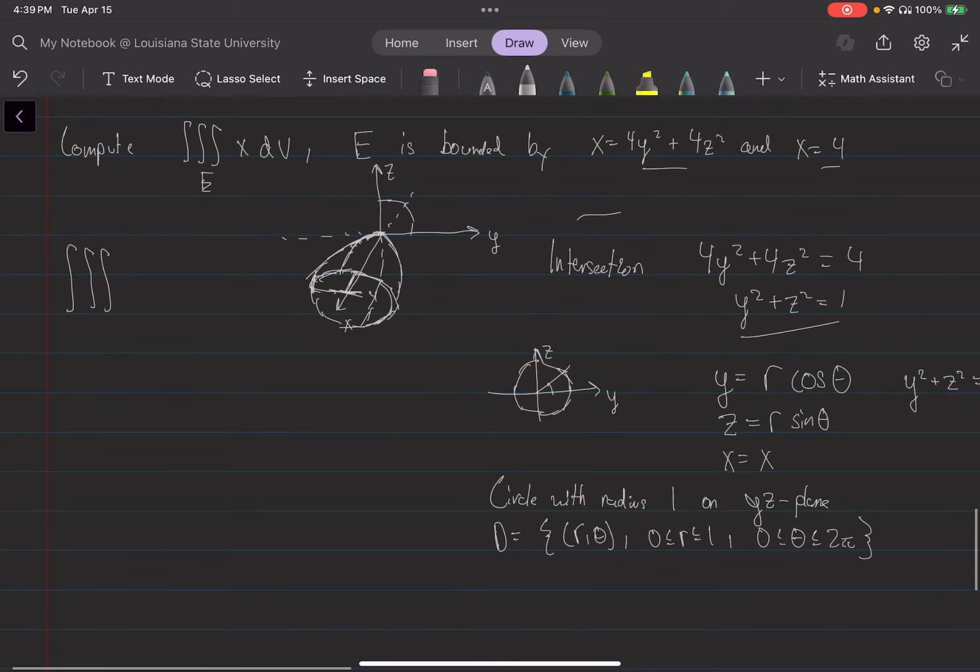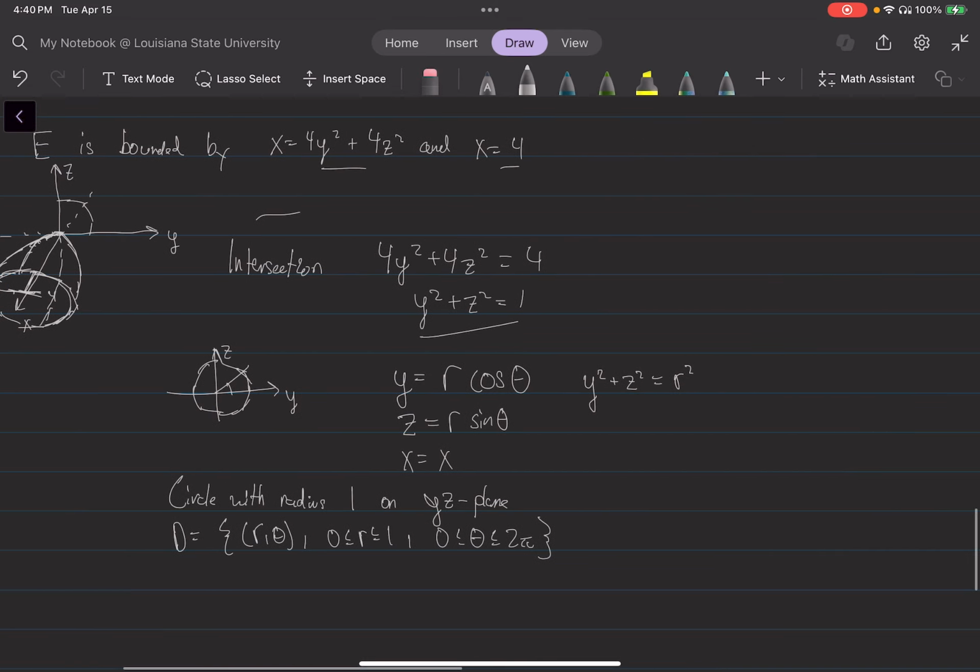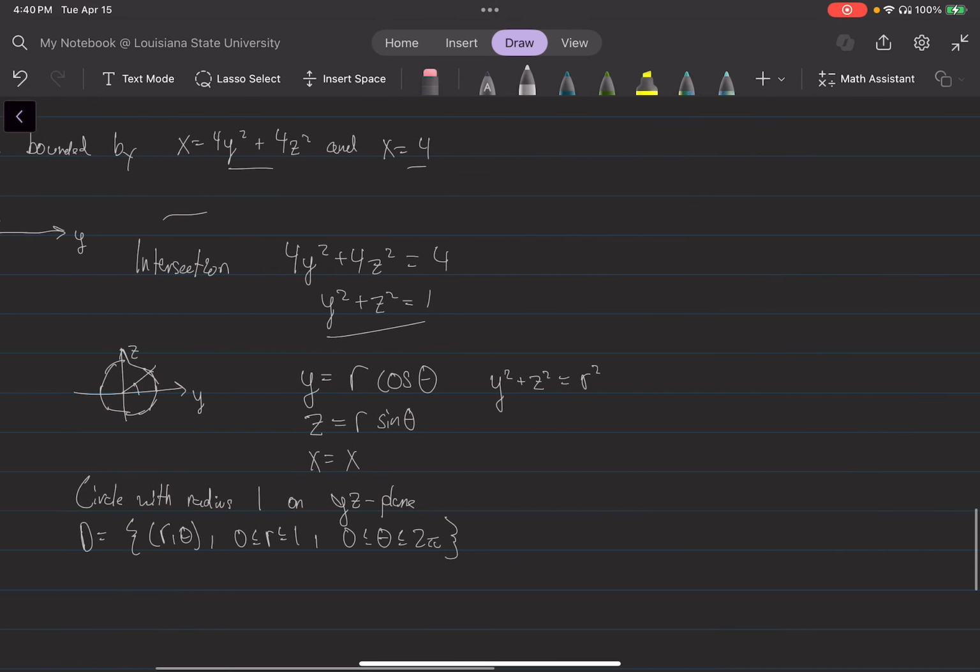And then what is the other range? Well, it's the range for x. x is defined as either 4y squared plus 4z squared, or we could factor out the 4, leaving y squared plus z squared. And since in our cylindrical system the radius squared is y squared plus z squared, we could define x as being 4r squared.